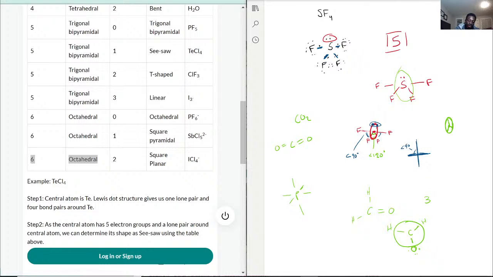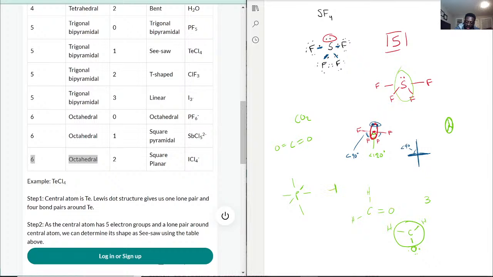And it kind of forms a perfect box, hence why it's called octahedral. It would be like 2 planes intersecting. I wish I was better at drawing 3D shapes. So it'd be like one plane here and one plane there. Nope, that's not a good look.